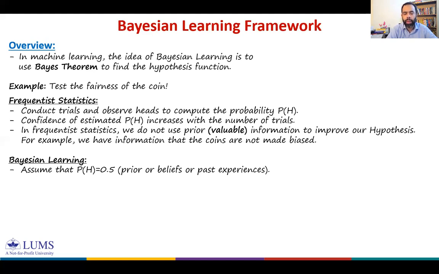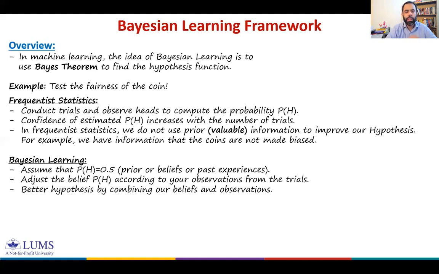And when we conduct experiments and when we get observations, we adjust the belief according to observations from the trials. And we can have a better hypothesis by combining our beliefs and observation. It is this thinking model which uses our most recent observations together with our beliefs that is known as Bayesian learning.